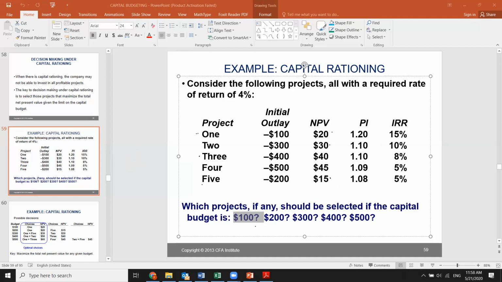So 1 and 3 gives you 60 million dollars. But let's see how the PI clarifies it. We could select this one, but we cannot, because the PI is lower here. So PI says select this 120 and 110.